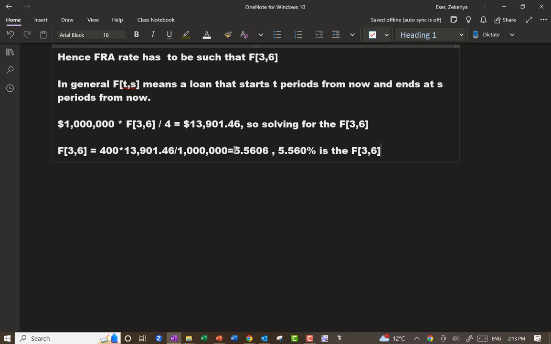It's only at that rate that the cost of doing this forward borrowing transaction using the forward market or the money market are exactly the same. If they are any different, then one way or the other, somebody could have risk-free profits. And in finance, risk-free profits, unless there are institutional restrictions that create them, are not possible.